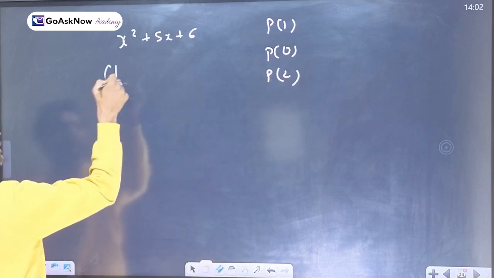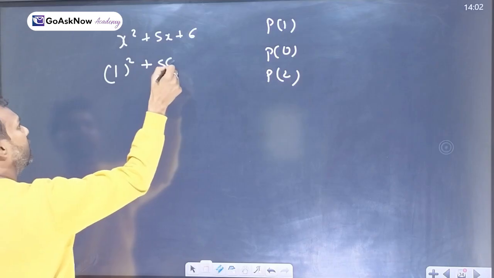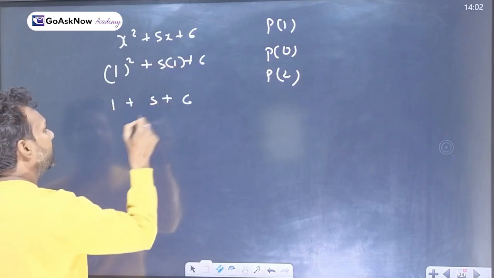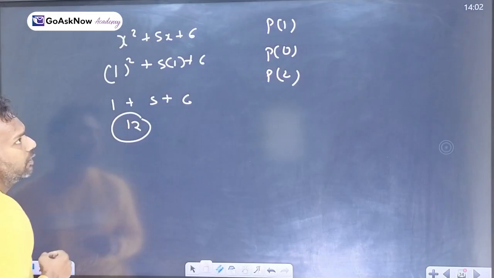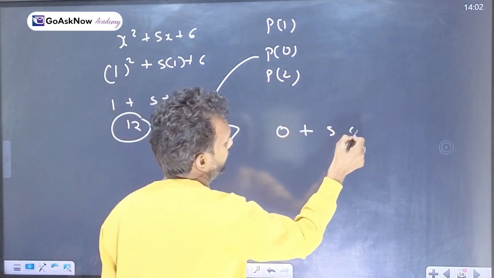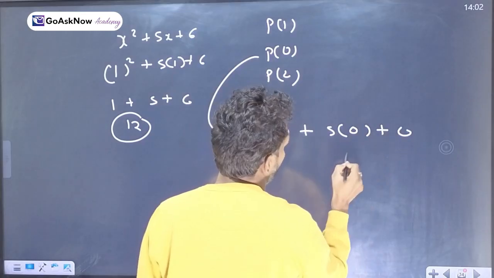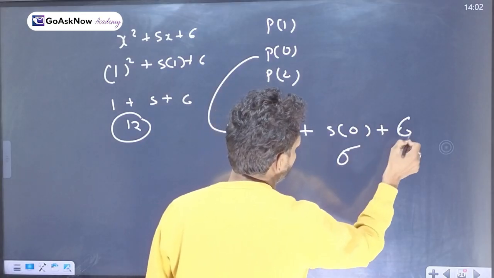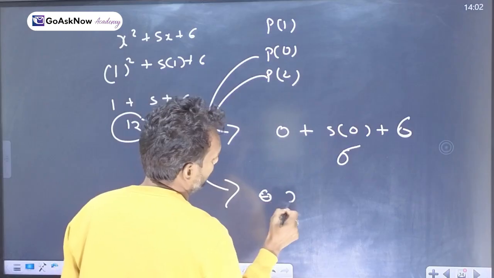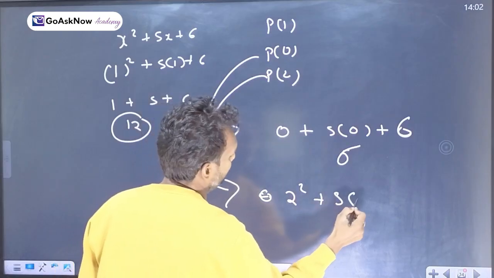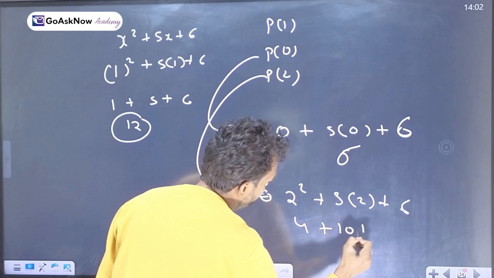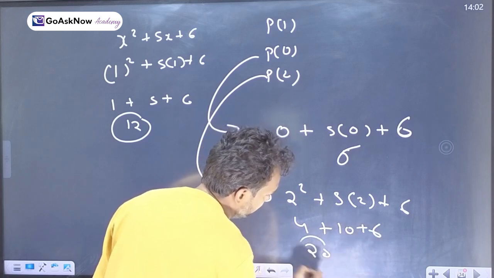P(1) is 1 square plus 5 into 1 plus 6, 1 plus 5 plus 6, it's 12. For P(0), it's 0 plus 5 into 0 plus 6, the answer is 6. For P(2), it's 2 square plus 5 into 2 plus 6, 4 plus 10 plus 6, it's 20.